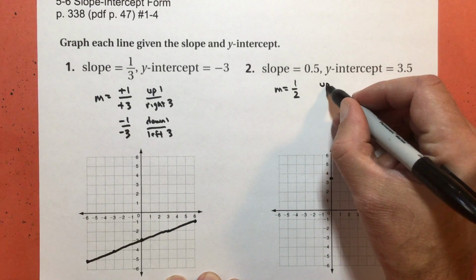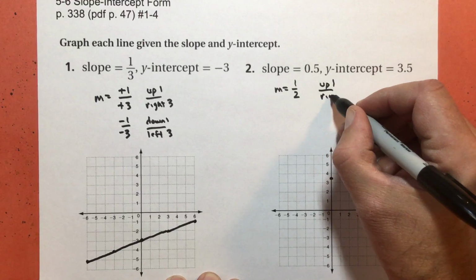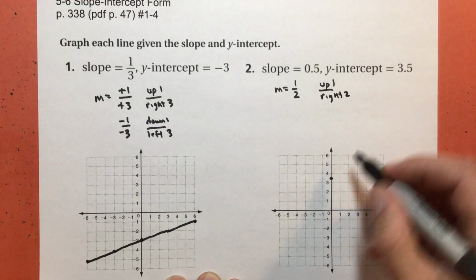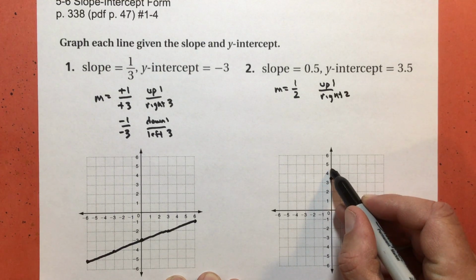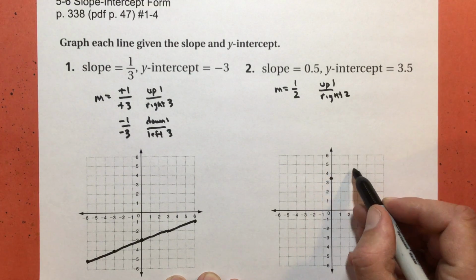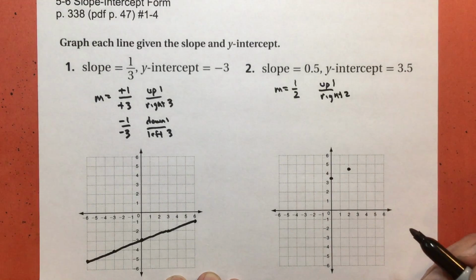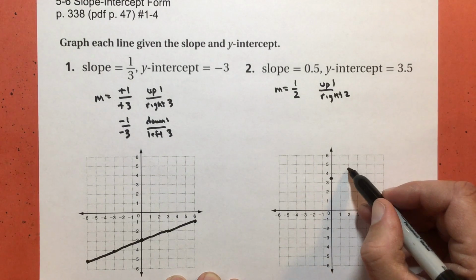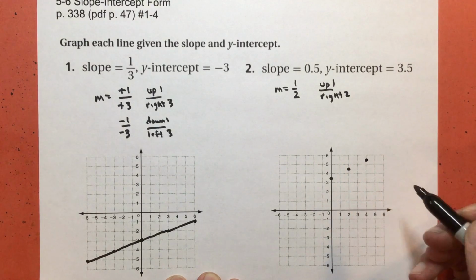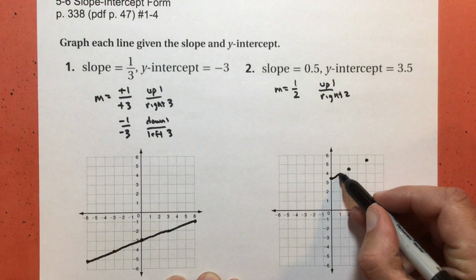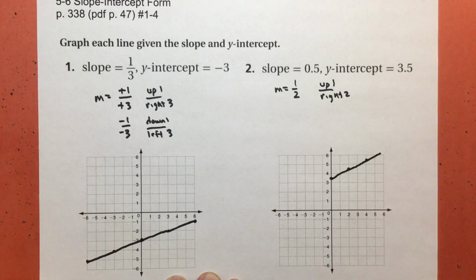That tells me I'm going to go up 1 and right 2. So I'm going to go up 1 space to 4.5, and right 2 spaces to there. I'm going to go up 1 to 5.5, and 2 spaces to the right. So that part of the line is going to look like that.